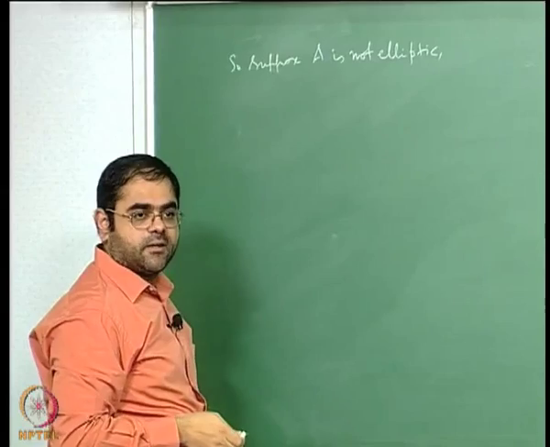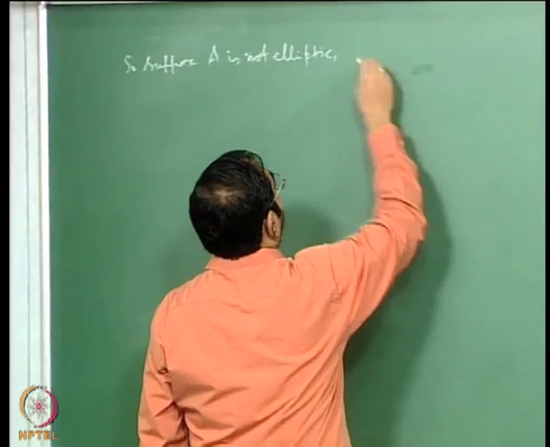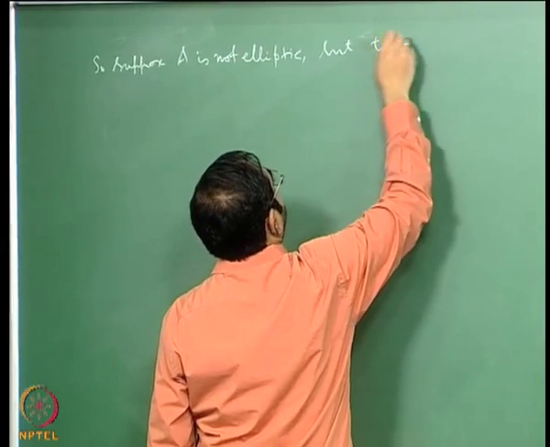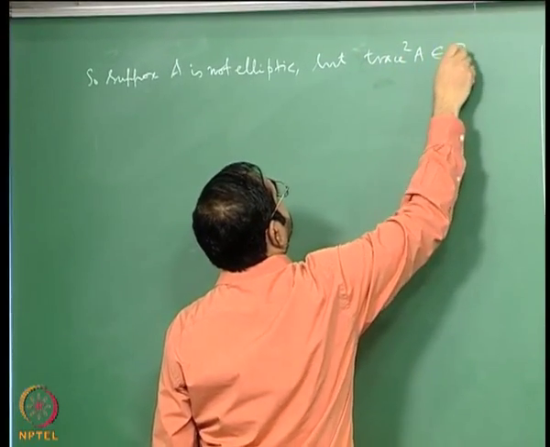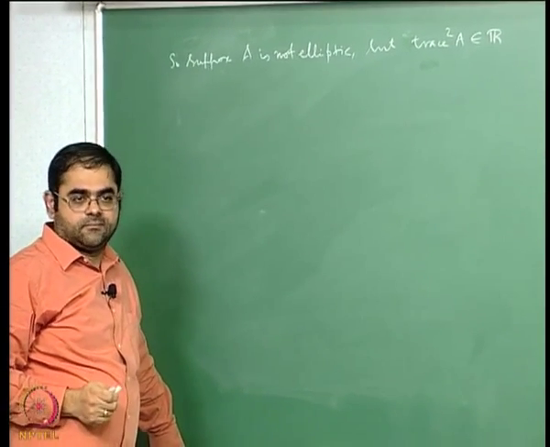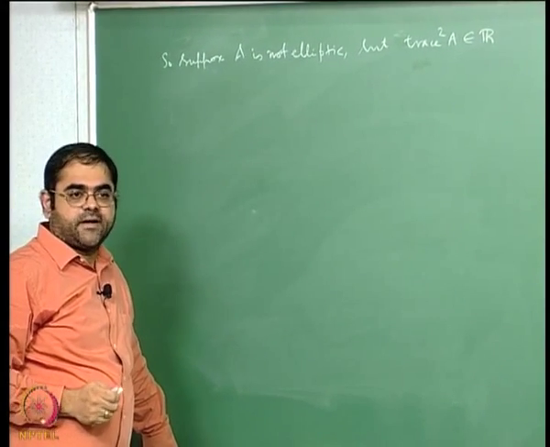Suppose A is not elliptic, and suppose trace squared A is real.